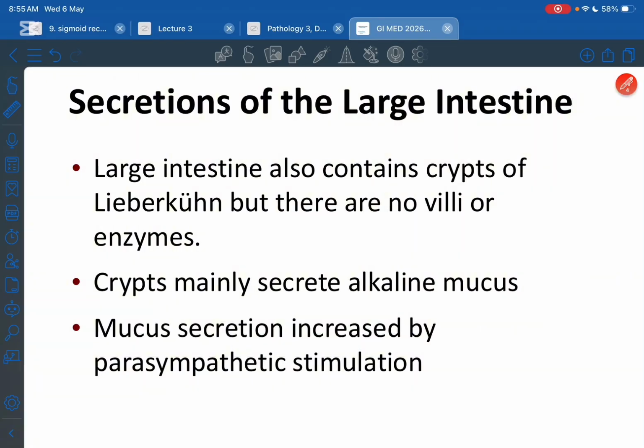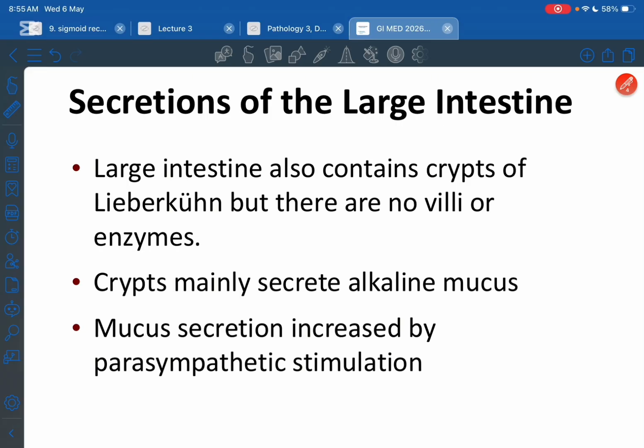And these cells secrete alkaline mucus. And we have water reabsorption, some chloride reabsorption, some bicarbonate absorption. And mucus secretion is increased by the parasympathetic, the same thing we said when we talked about the small intestine. The parasympathetic will stimulate this. This is what we want to know about secretion from the large intestine.